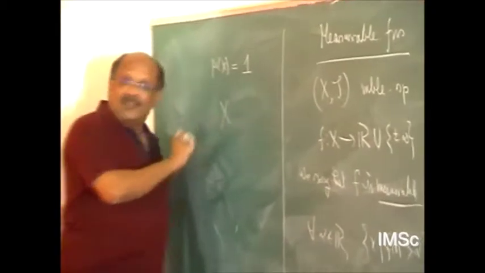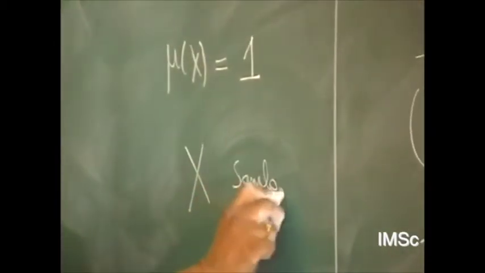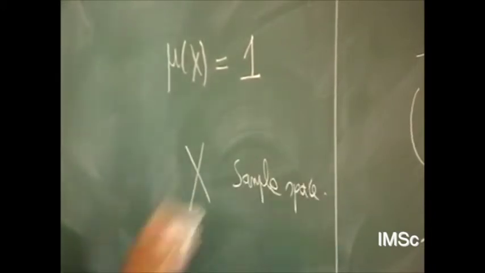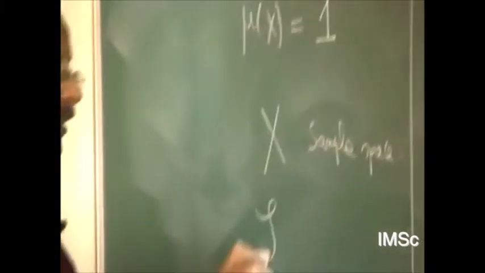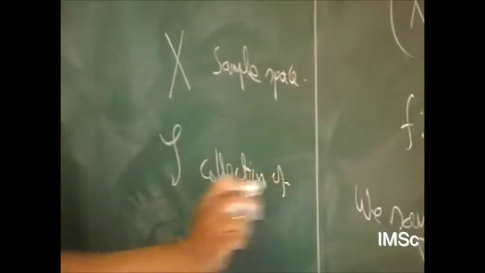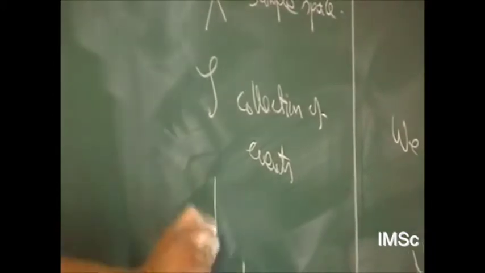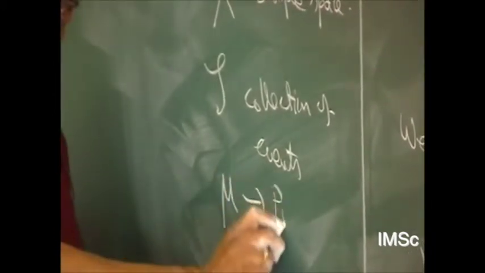X is what is called the sample space. The sigma algebra is nothing but the collection of events. Mu, the measure, is nothing but the probability.